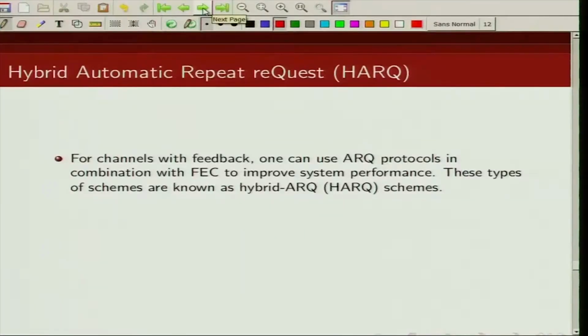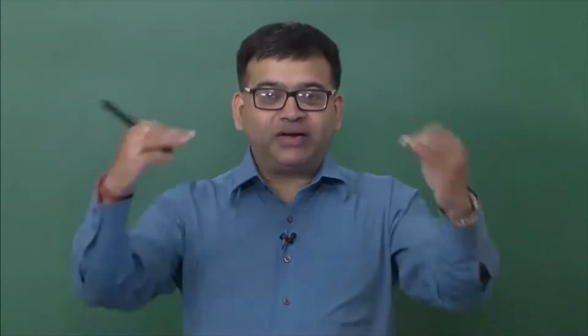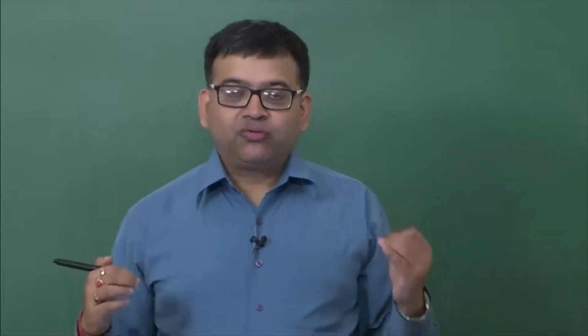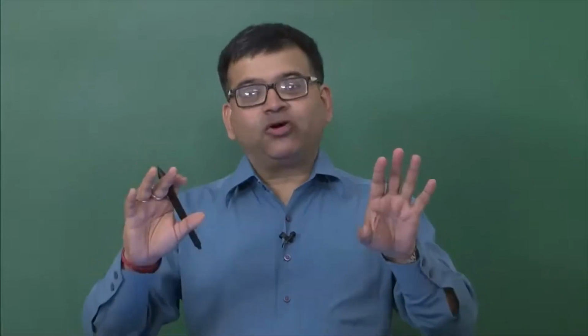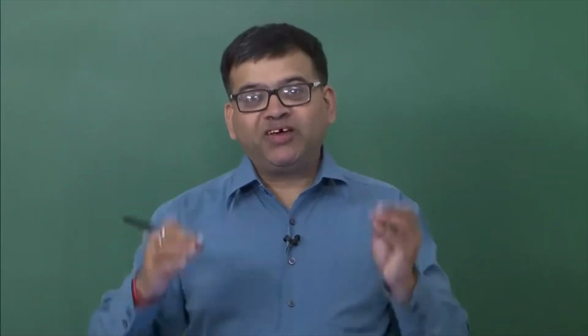So next we are going to talk about hybrid ARQ, which combines forward error correction with ARQ. As you know, in one-way channels we use forward error correction, and in two-way channels we can use ARQ. In the pure ARQ protocols, we send uncoded packets along with some parity bits which we use for error detection.